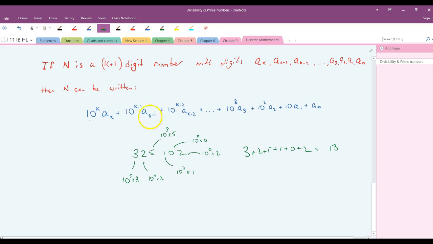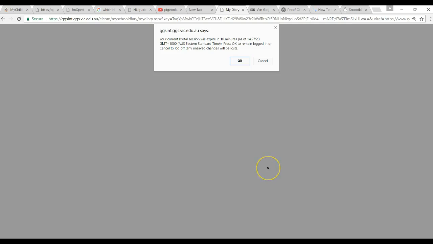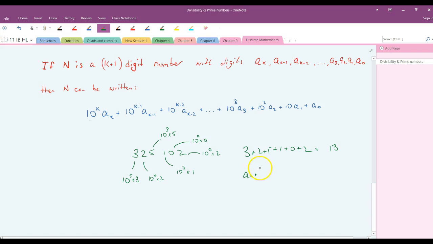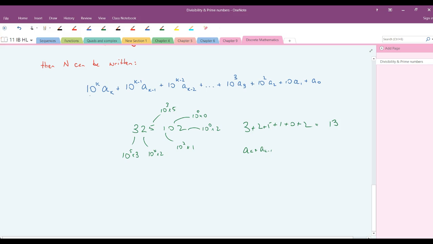We could write this in a general format as a_k plus a_{k-1} and so on, or in our case, because we know what k is, we can fill in for k.